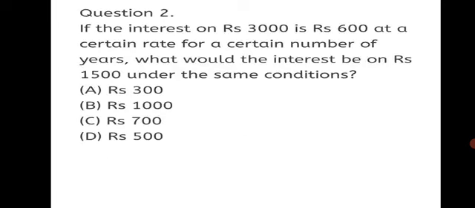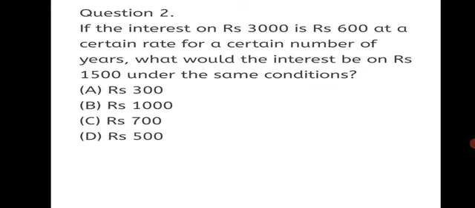Question number 2. If the interest on rupees 3000 is rupees 600 at a certain rate for a certain number of years, what would the interest be on rupees 1500 under the same conditions? Now this is a sum of direct proportion which you have learned in the earlier chapter. Now here the number of years is constant for both the situations.